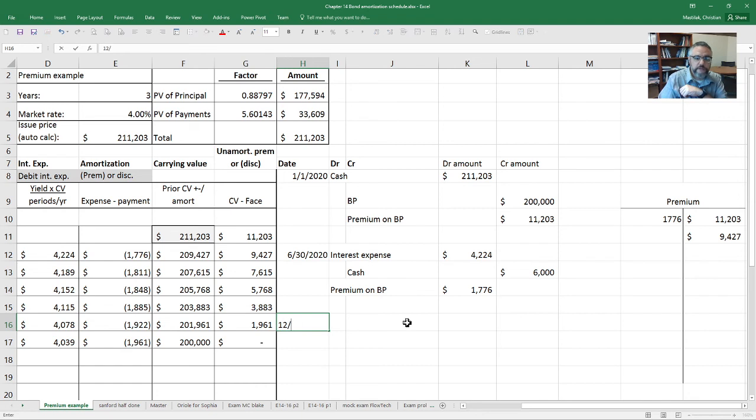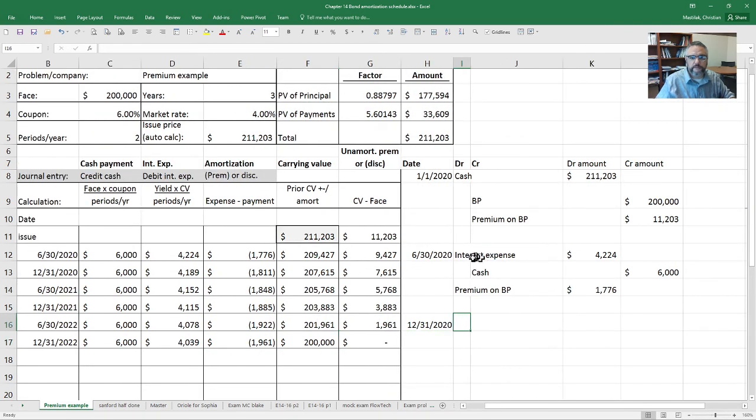We're going to do the same thing on 12/31/2020. We're going to make the same kind of journal entry. We're going to debit interest expense for the next line item, 4189.